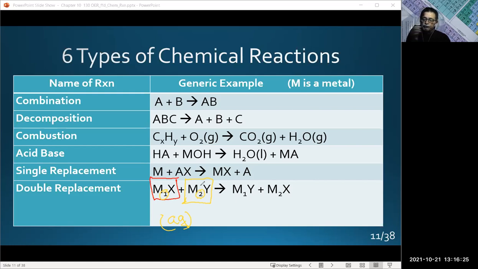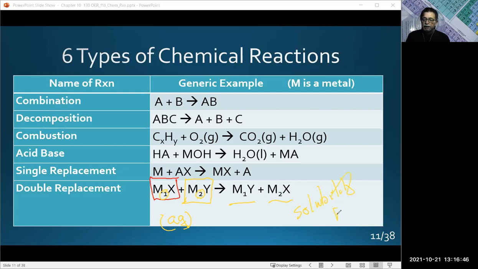You put them in solution. Normally, you've got two test tubes or two beakers of clear solutions. You mix them together. If it's a positive reaction, you get a precipitate. You get a solid. And whether a reaction proceeds depends on the solubility rules for the products.